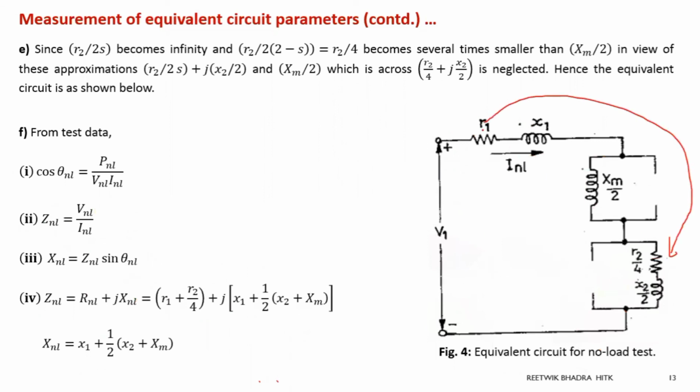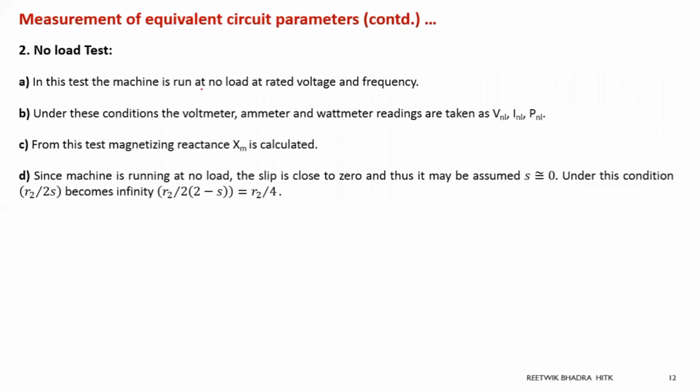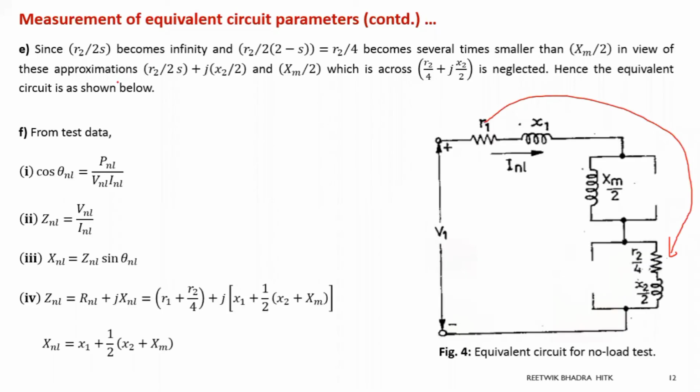Not only the core loss, there will also be some rotational losses or I square R losses. In a combined way, we will call that the no load rotational losses. So how can you find out the no load rotational losses? We had done this in the 3-phase induction motor also. If I calculate the total loss in the no load test and subtract the I square R losses, then I'll get my no load rotational losses.